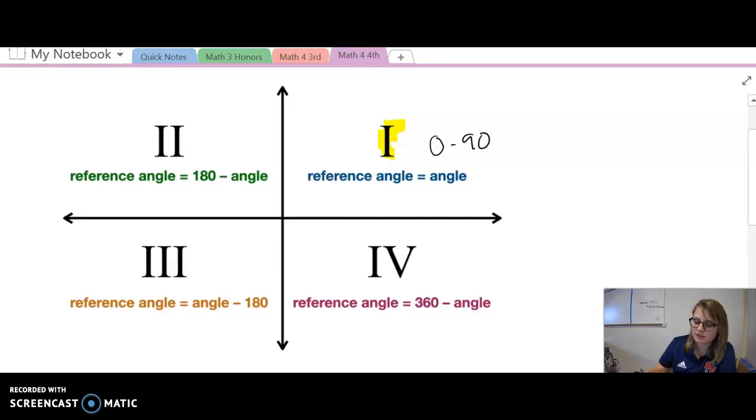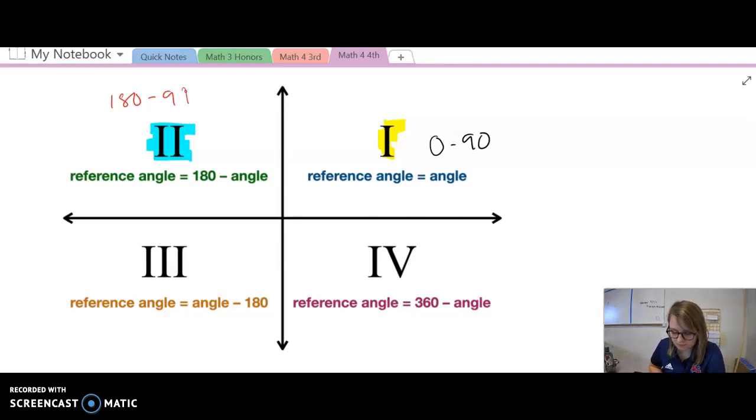Okay? So then let's look at quadrant 2, so the one that's to the left. It says the reference angle will be 180 minus the angle. So if you have an angle that is between 180 and 91, what you're going to do is subtract the angle from 180, and it will give you the reference angle.